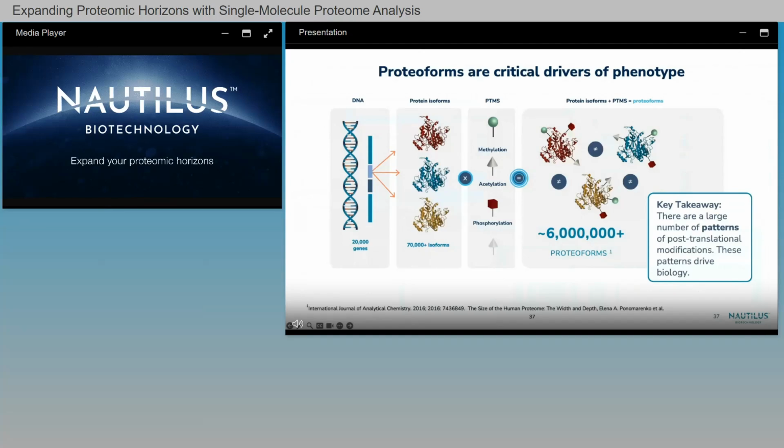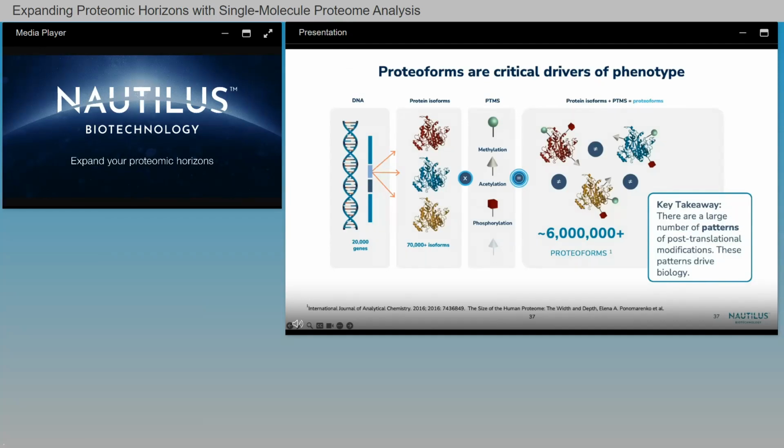Just for context, what we're going to talk about are termed proteoforms, and they're critical drivers of phenotype. As you're familiar, when DNA is transcribed, it often is transcribed into a variety of splice variants, which give rise to multiple protein isoforms from the same gene, often including or excluding particular cassettes. Proteins are then functionalized, modified with a variety of post-translational modifications, methylation, acetylation, phosphorylation, and more.